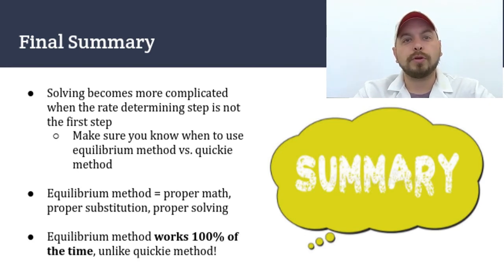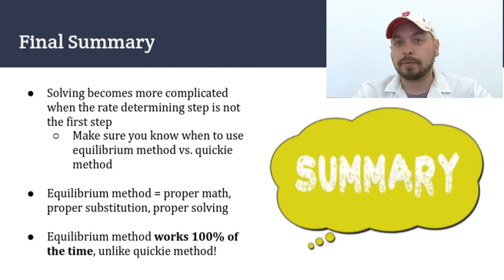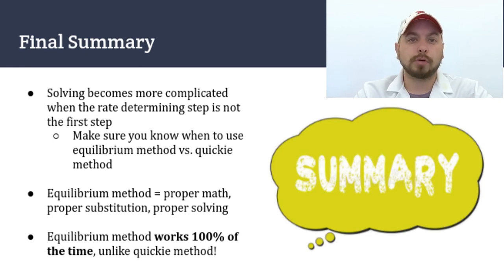You need to make sure you know when you can use the quicker method versus the equilibrium method. And if you use the equilibrium method, you need to make sure that you're doing your math properly, substituting in properly, and solving properly. So that wraps up today's video. Today we looked at the way we solve for the rate law of a mechanism if the second or a later step is the rate determining step.